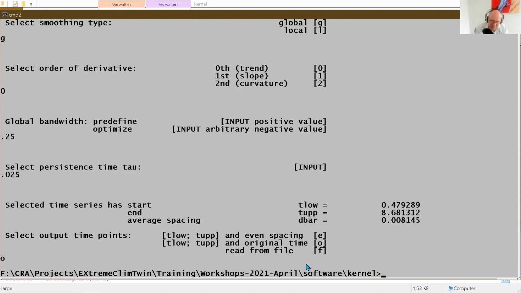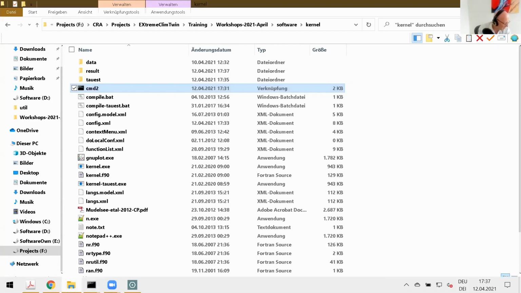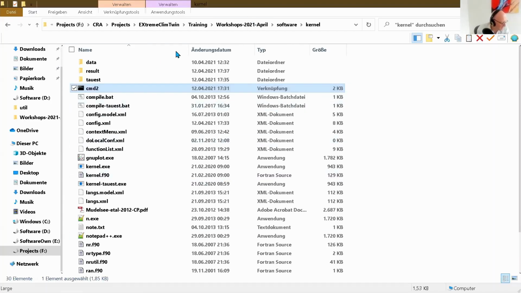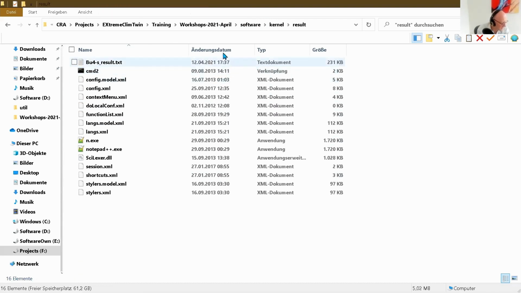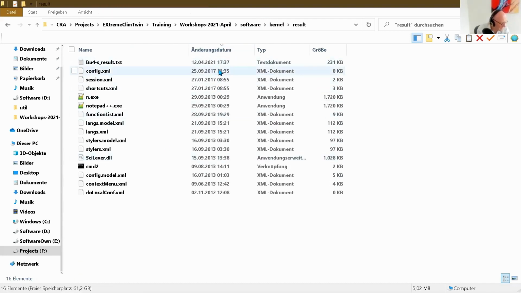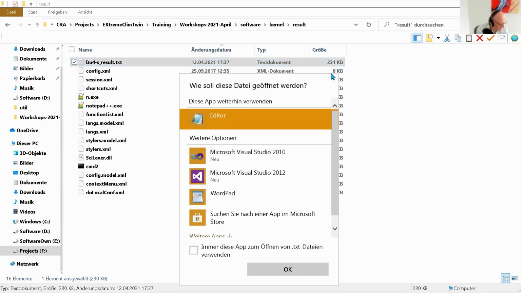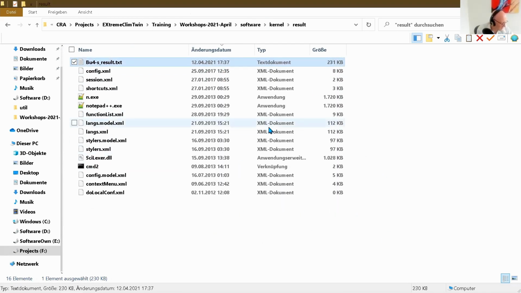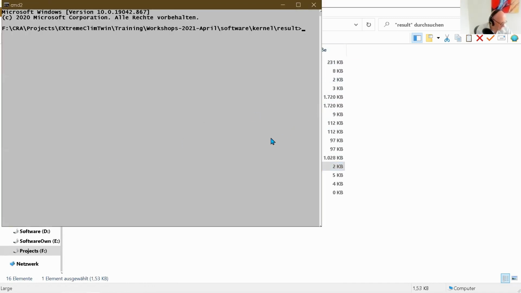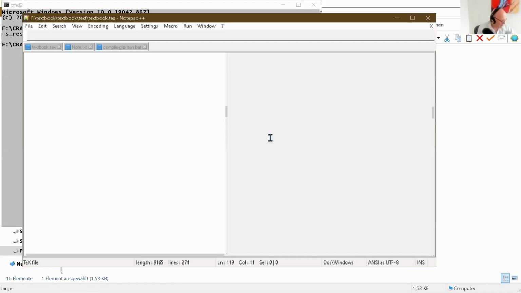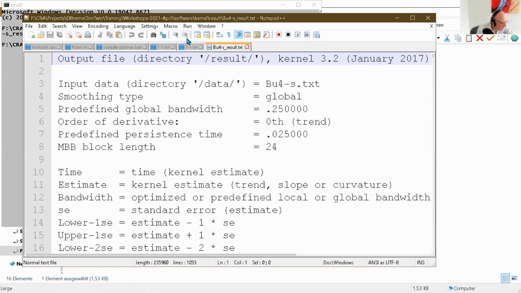It's finished. Let's go into the results folder. So let me go here to the Explorer, and this is result. Just a minute ago, this file has been written, and I will open that. Okay, now I make this a bit smaller.